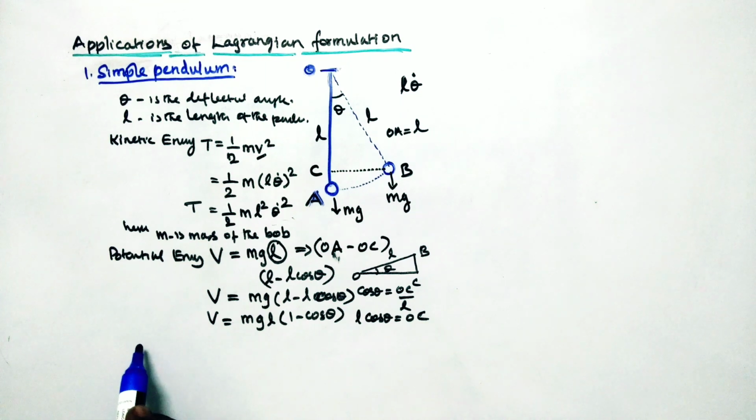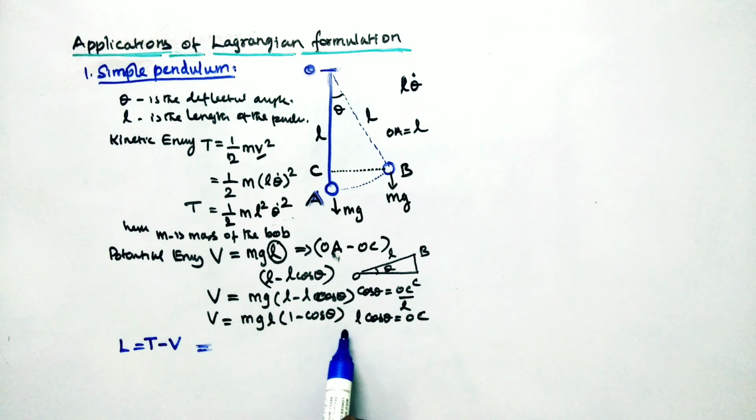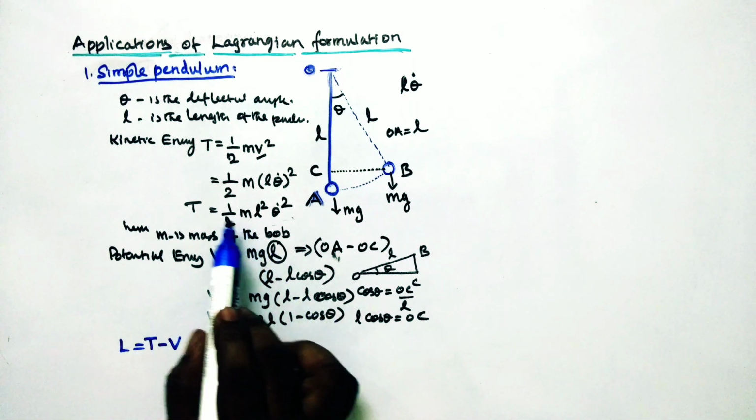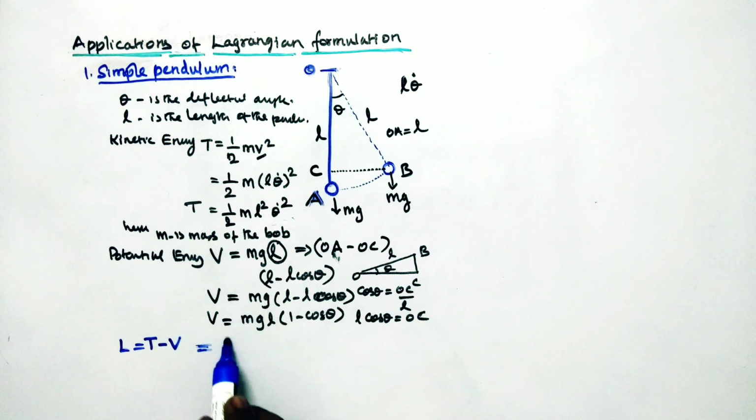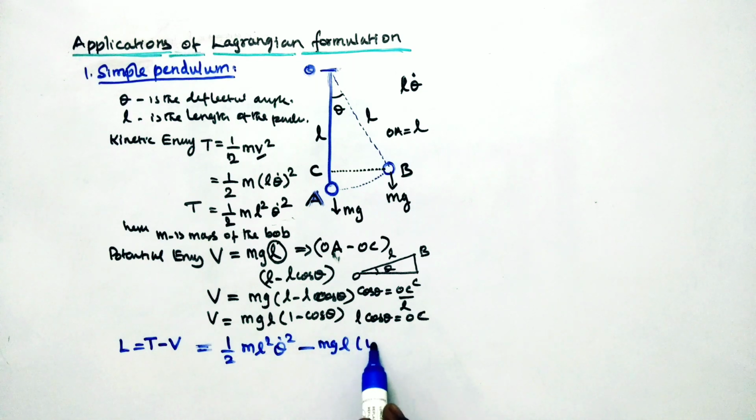But we know that the Lagrangian is T minus V, that is L equal to T minus V. We can put the solution from T and V: L equals half m L square theta dot square minus mgL (1 minus cos theta).